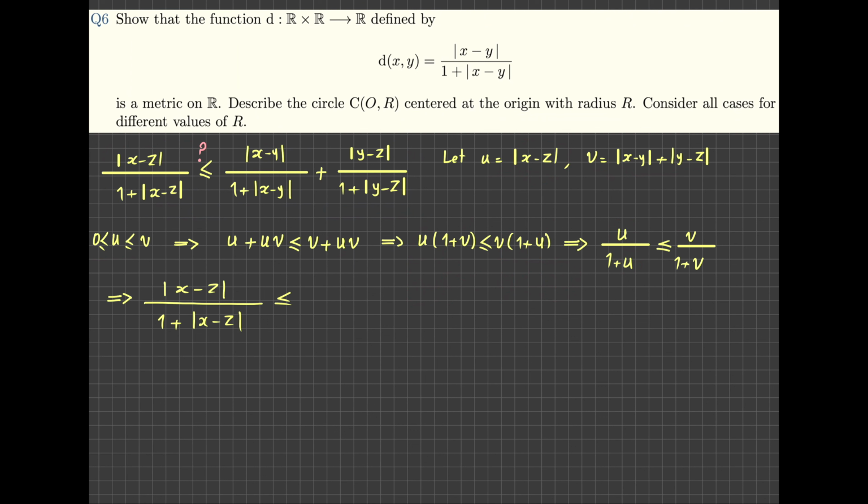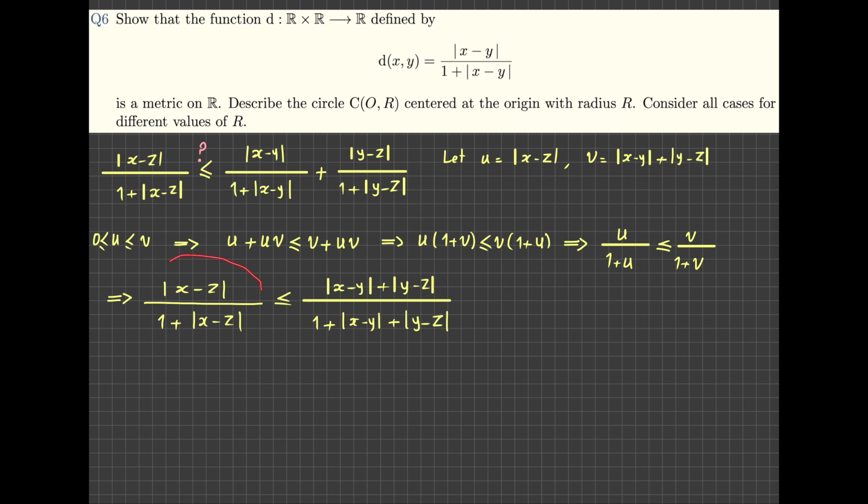So this becomes the absolute value of x minus y plus the absolute value of y minus z, over 1 plus the absolute value of x minus y plus the absolute value of y minus z. Okay, so you see that this is the inequality that I want to prove.